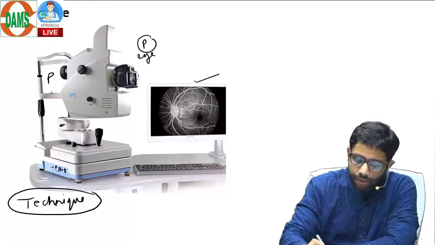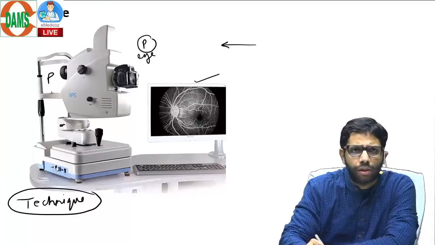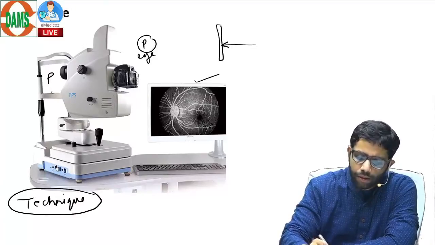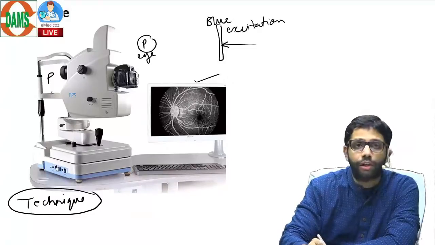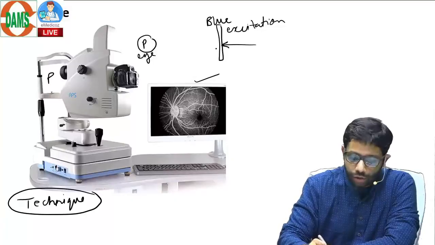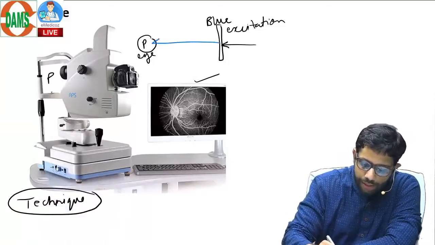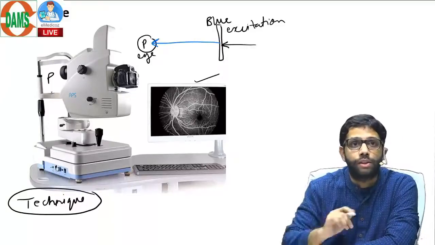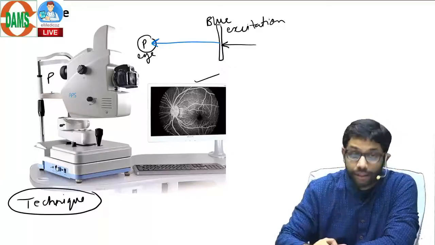This machine is sending the normal white light, and there will be a blue excitation filter. What do you mean by blue excitation filter? That it will allow only the blue light. So blue light will come inside. There is fluorescein inside the retina vessels which will emit green.